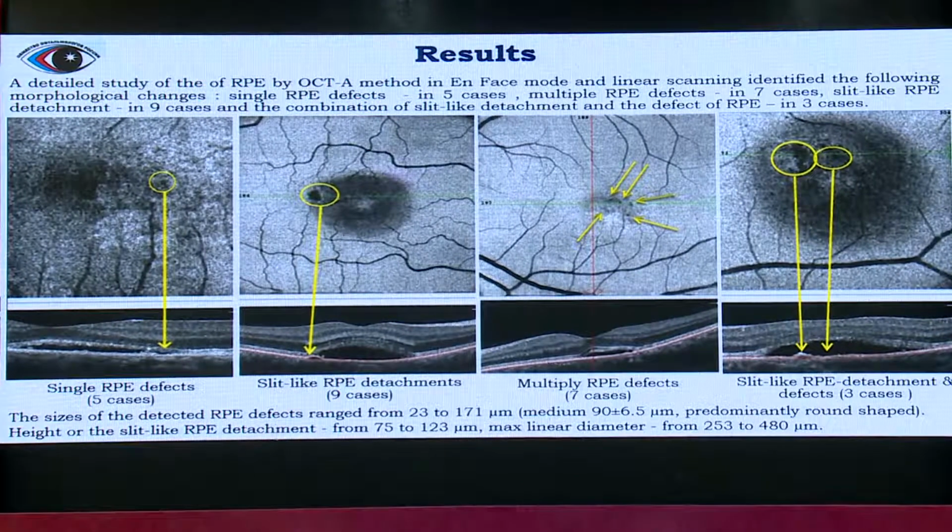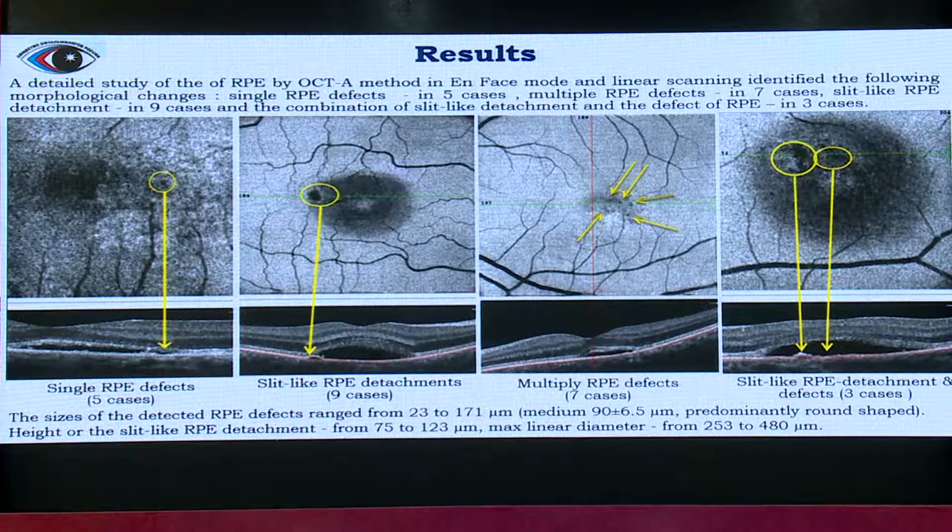The sizes of the detected RPE defects range from 23 to 171 microns, and they had a predominantly round shape.